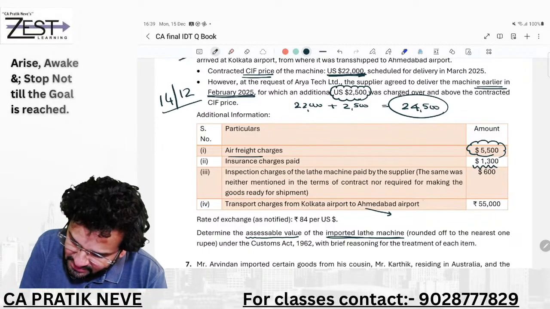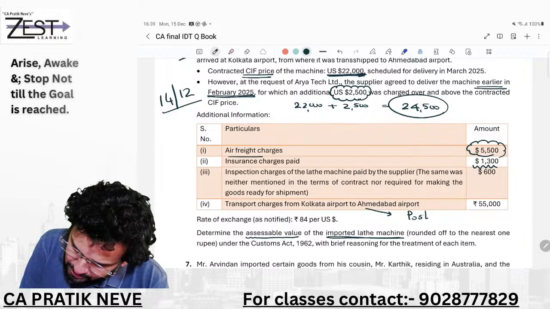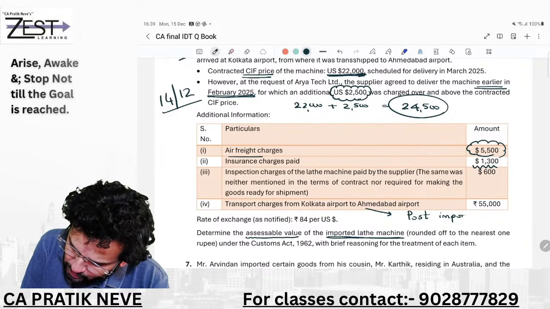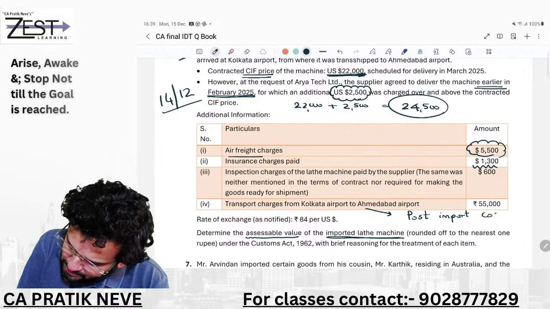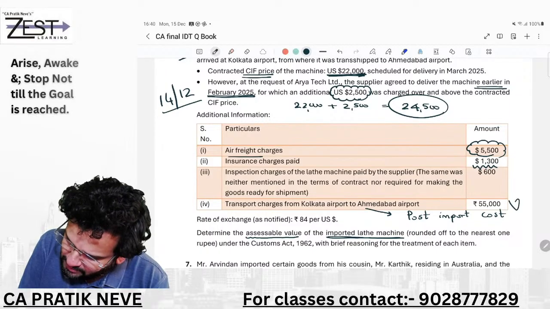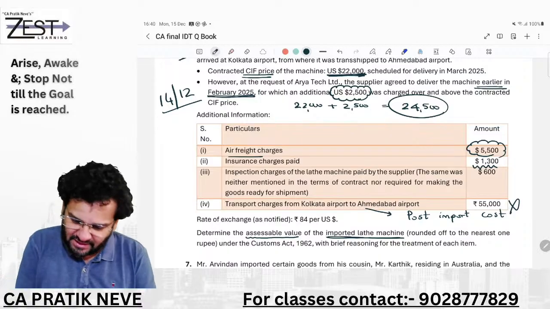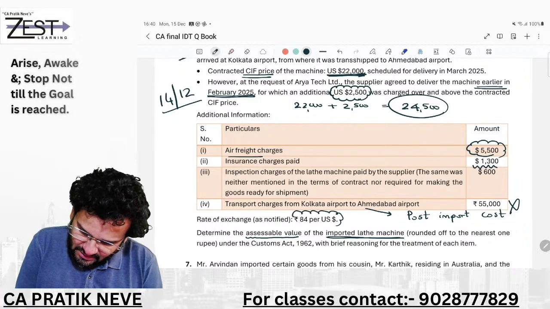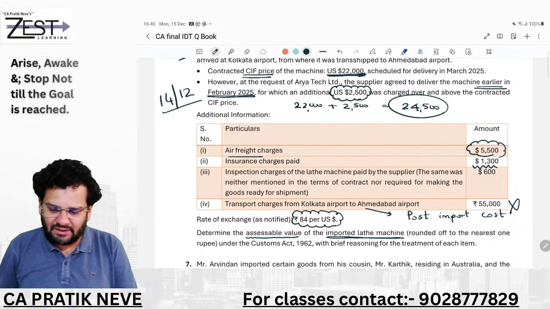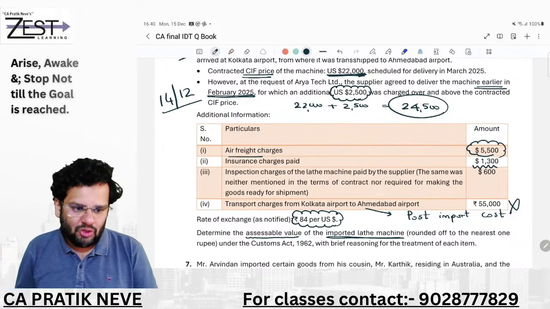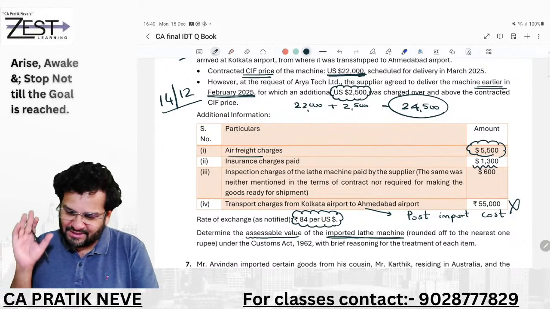So basically this is post importation transport cost, so post importation cost will be neglected. Yes, rate of exchange is 84 rupees per US dollar. You have to find out assessable value.